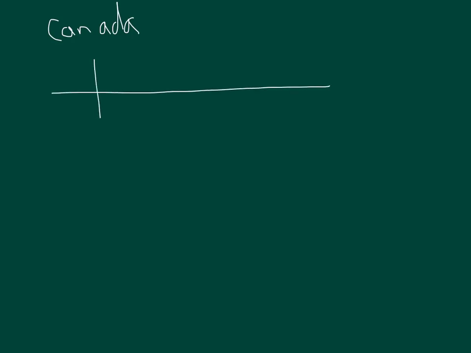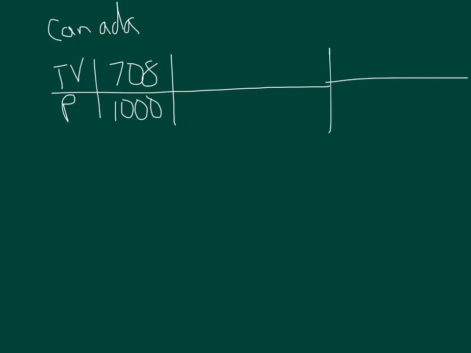So I'm going to do my TVs on top, and my people on the bottom, and I see that there are 708 TVs for 1,000 people. Now I can add in my goal. My goal is 31.9 million people on the bottom. And I remember from before that that's basically 31 million and some change. So 31 million followed by the 9 and my 0 placeholders.